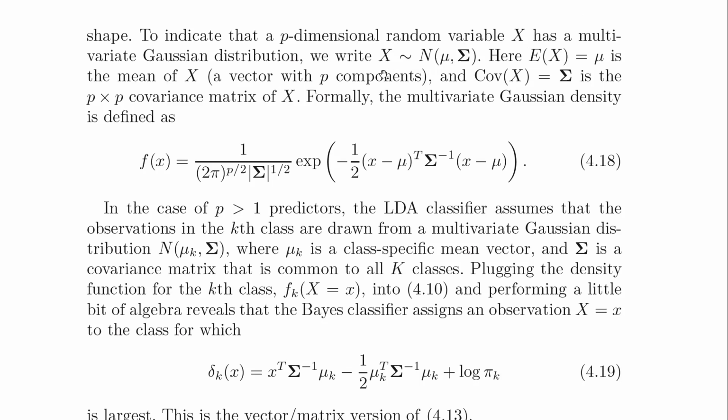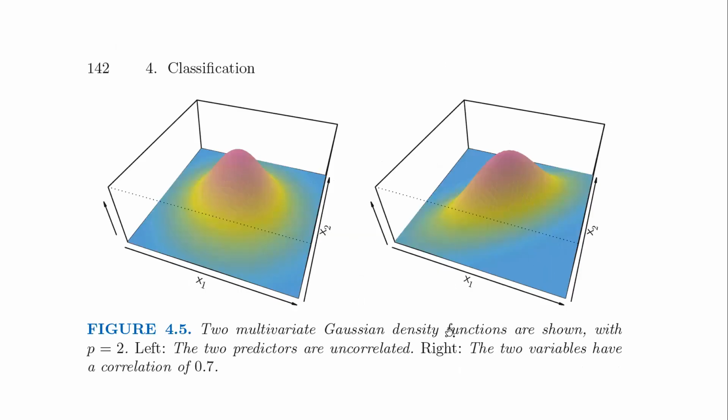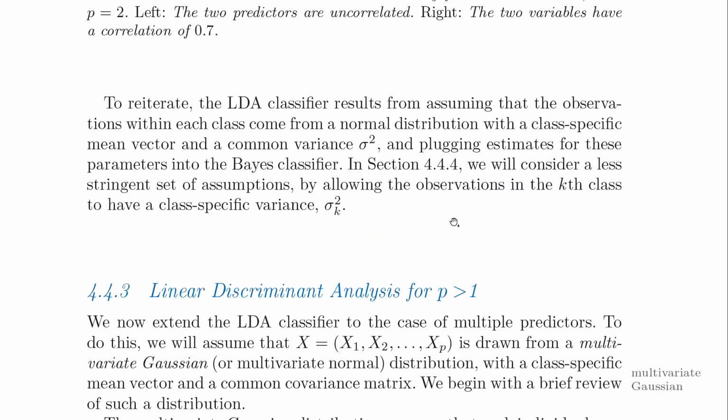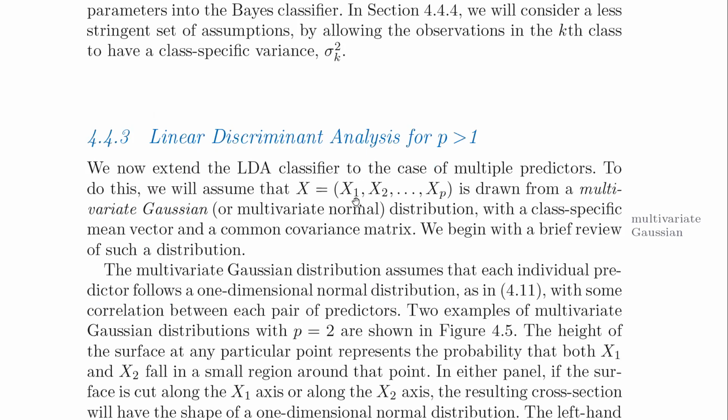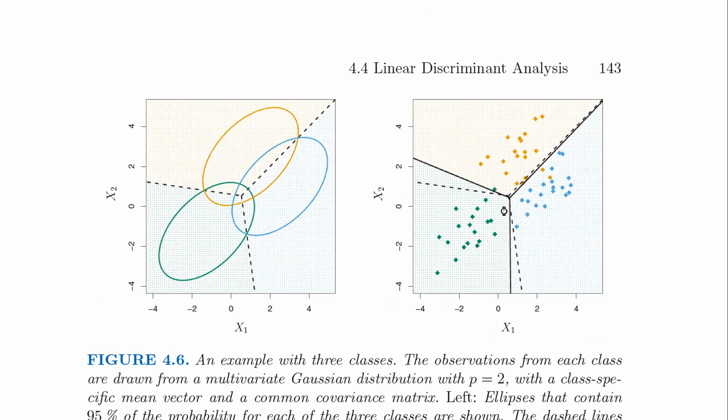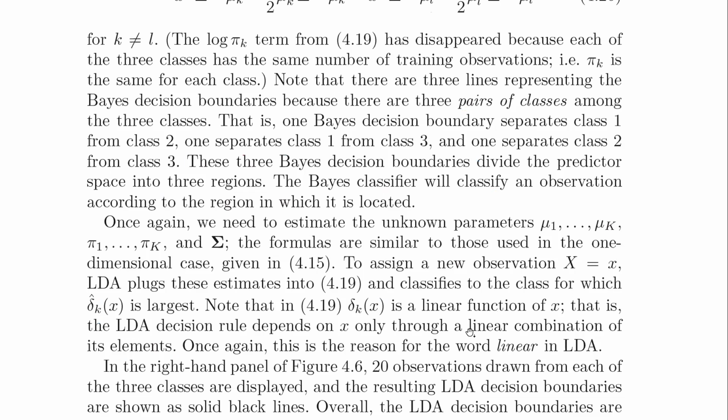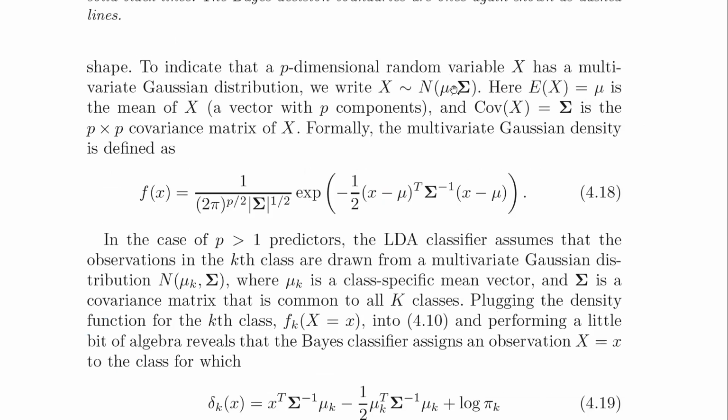Here, the expectation of x is equal to mu, and that's the mean of x, and it's a vector with p components. What does that mean? That means that you have your expectation for x1, so think of it as the mean of x1, the mean of x2, until the mean of xp. That's mu.